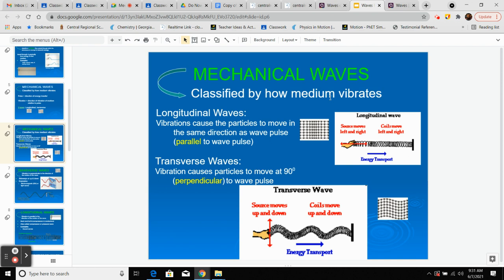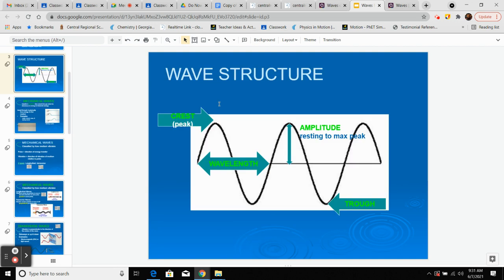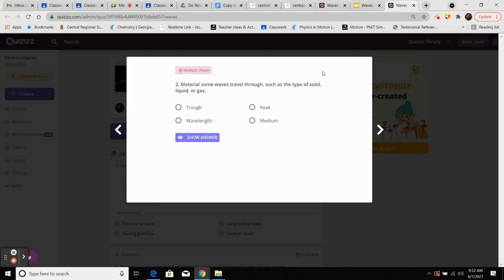Mechanical waves require a medium, the material through which the wave is moving, like water, solid, liquid, or gas. So I'm thinking it's medium. Yup. The length of a crest or trough measured from the middle line.